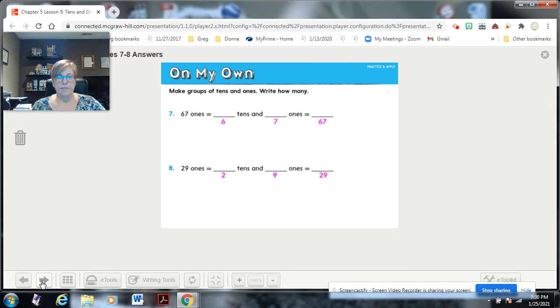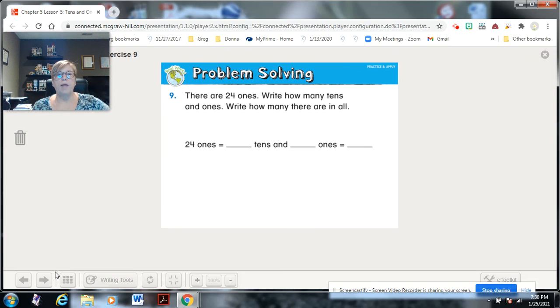Okay, now let's look at the problem solving. There are 24 1s. Write how many 10s and 1s, and write how many there are in all. Okay, so here they have 24 1s equals blank 10s and blank 1s equals blank. Pause and solve.